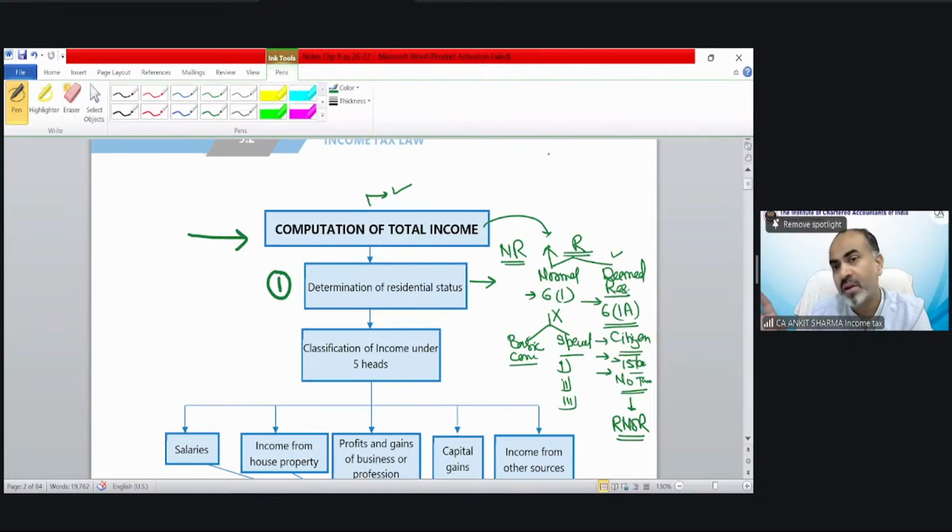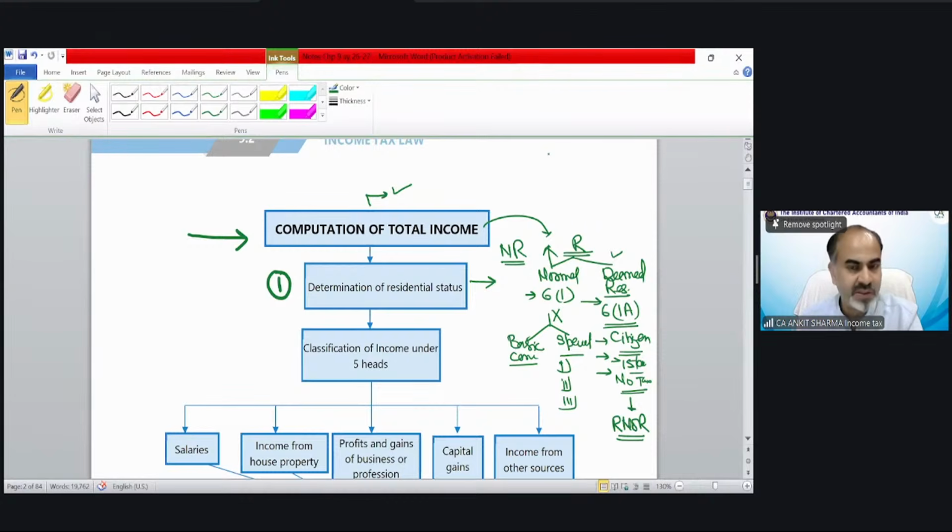According to that, you will go through the heads of income and then GTI, TI, etc. If you have attended the LVRC, the revision class I have taken for salary topic and house property, you must have seen we have discussed that kind of question in which we first find out the residential status. In case scenario questions, there are multiple questions like this. And on the basis of residential status, we have to find out what would be his GTI, etc.